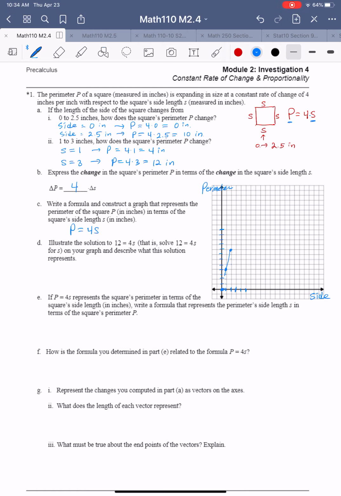This is the line that we're going to get.